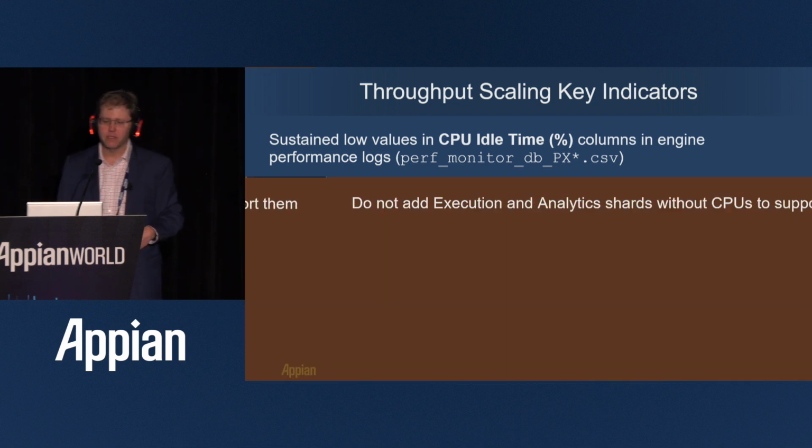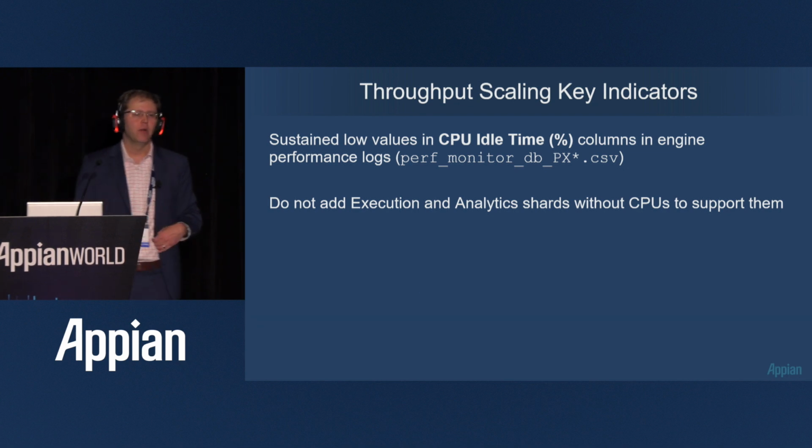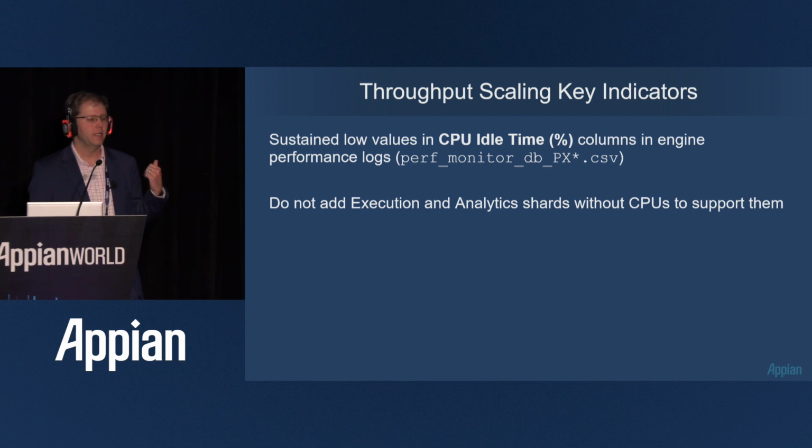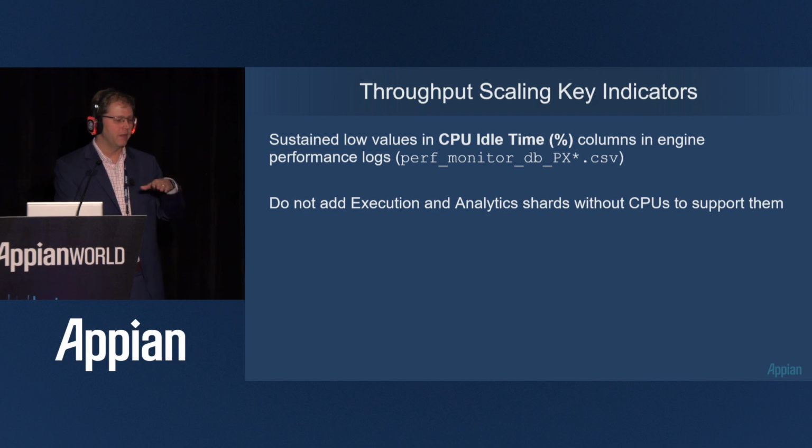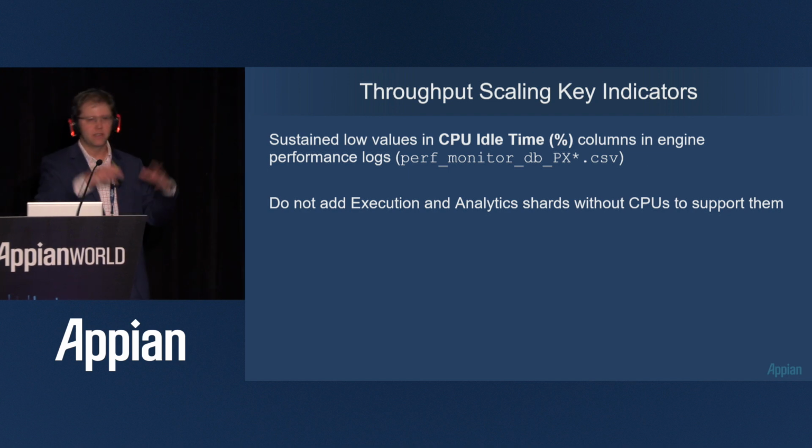So the other type of scaling I talked about was throughput scaling. So how do you know if you need throughput scaling, and what do we do for throughput scaling? So throughput scaling is, again, your processes are executing. There's a lot executing at the same time. What you're going to look for is a high sustained, like basically pegging your CPU. And so we have an indicator, a metric for this, that's in the perf monitor DB PX logs.